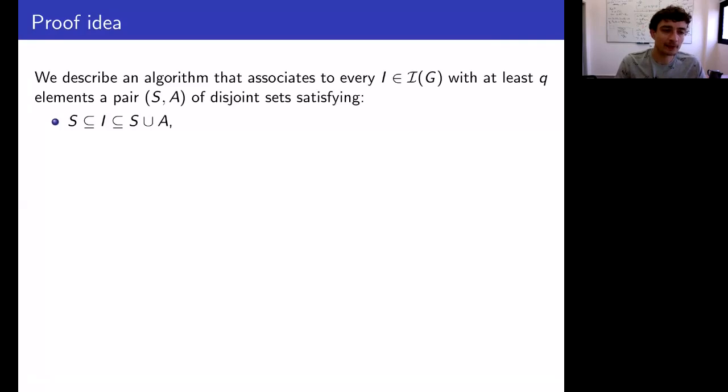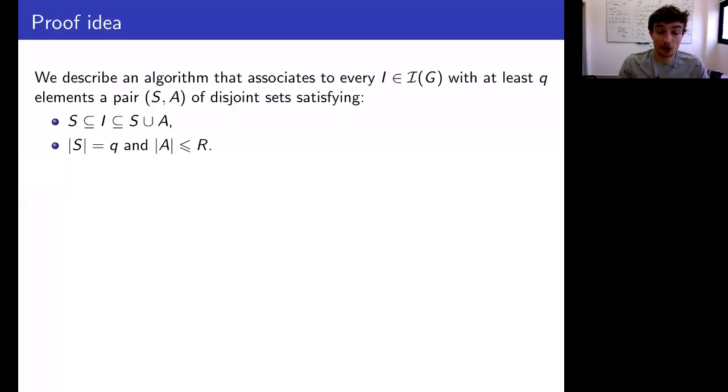First, S will be a subset of the independent set I, and the remainder of I will be contained in the set A. So the pair S and A will sandwich the set I from below and above.